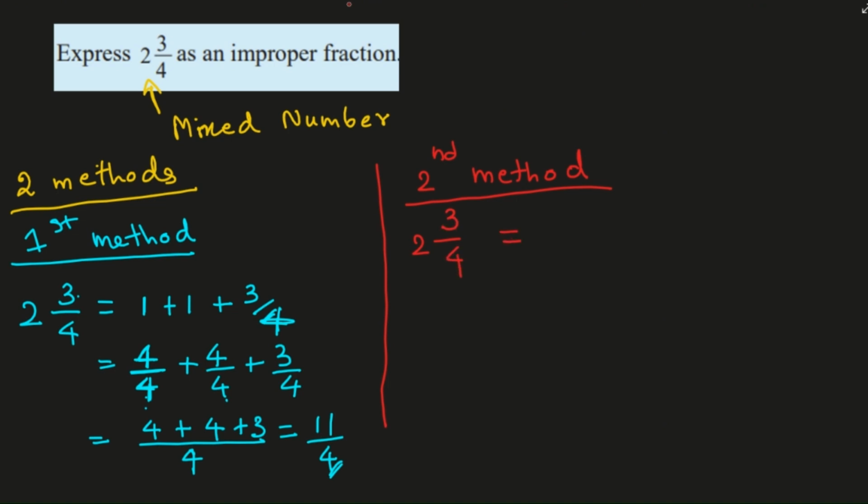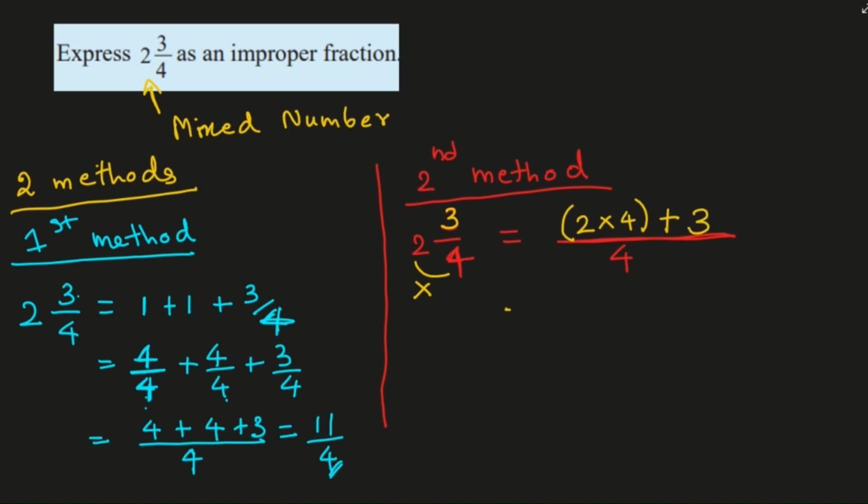You write the denominator as it is, so it's 4. What you should do is multiply 2 by 4. You're multiplying, and for that answer you are adding this 3.